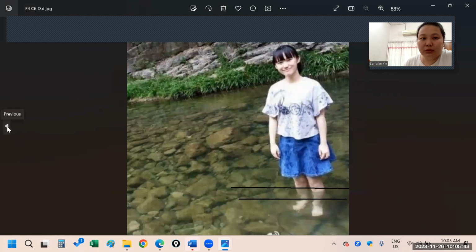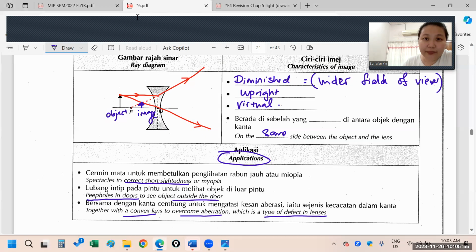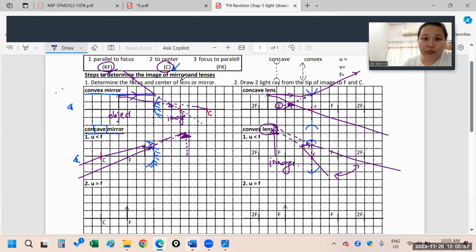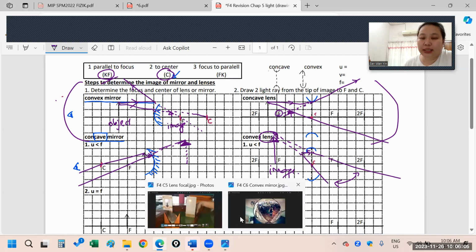Okay, so this one, we call it as convex mirror. So same thing as concave lens. Convex mirror and concave lens have same image characteristic.